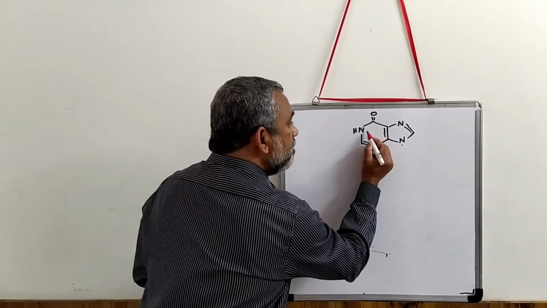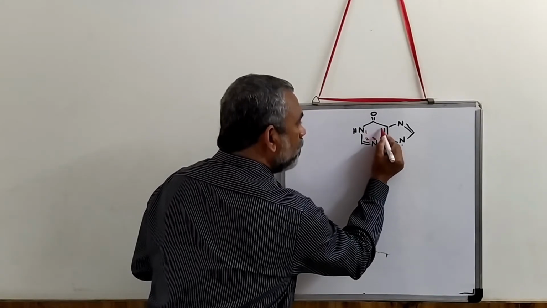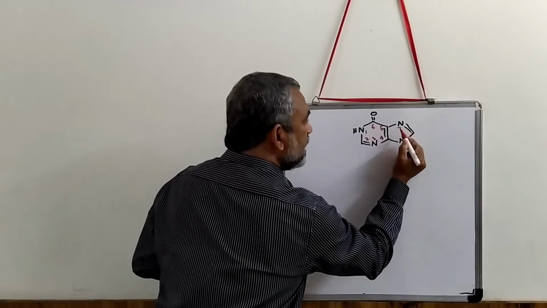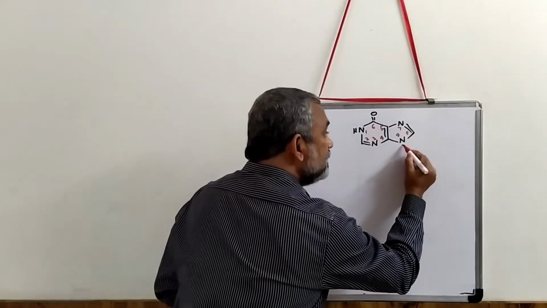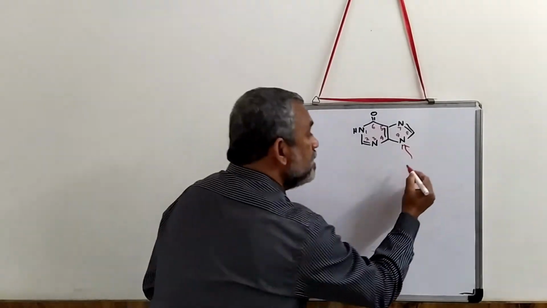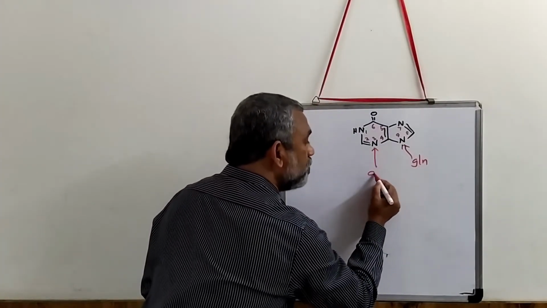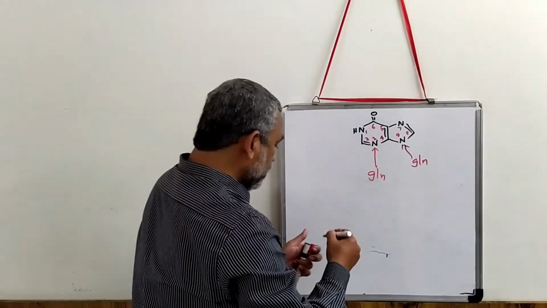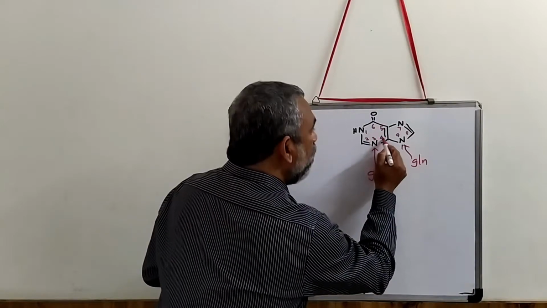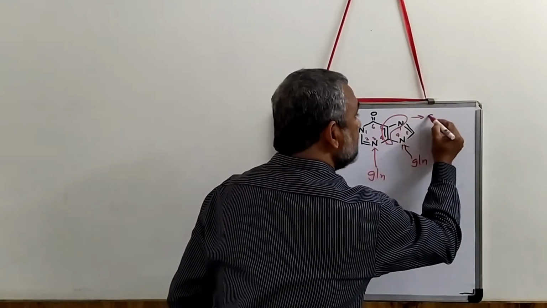So let us number them: this is number 1, 2, 3, 4, 5, 6, 7, 8 and 9. We know that number 9 is contributed by a glutamine. Similarly, number 3 is also contributed by a glutamine molecule. Now, numbers 4, 5, 6 are contributed by a glycine.